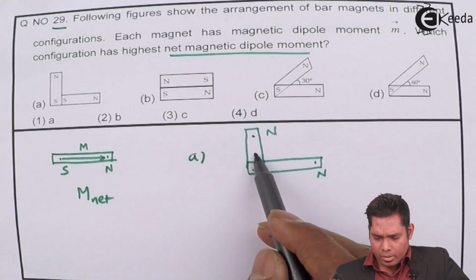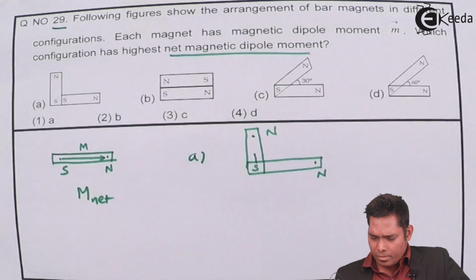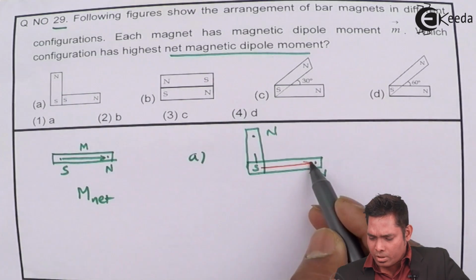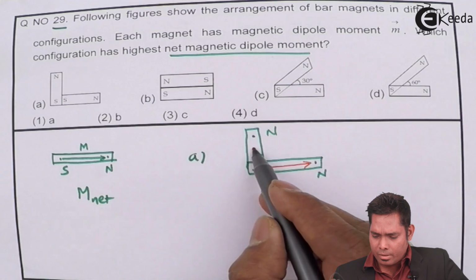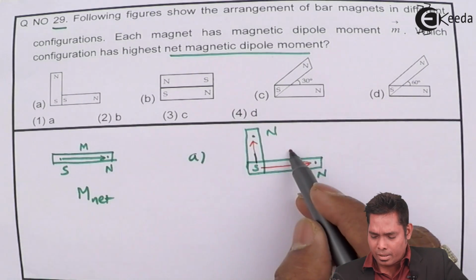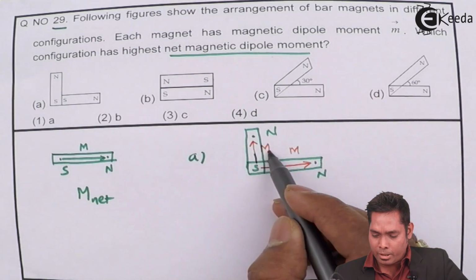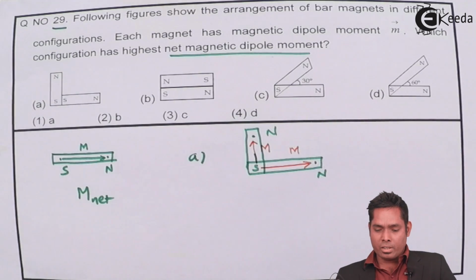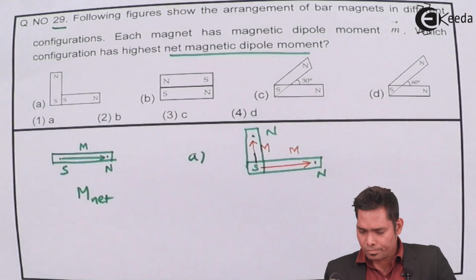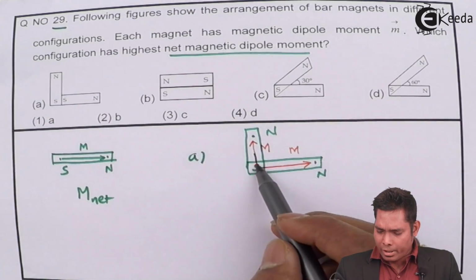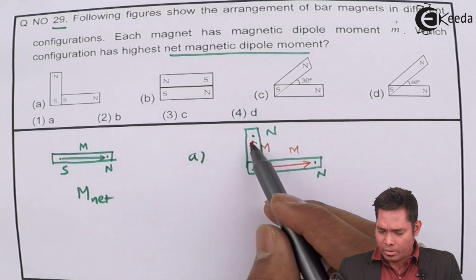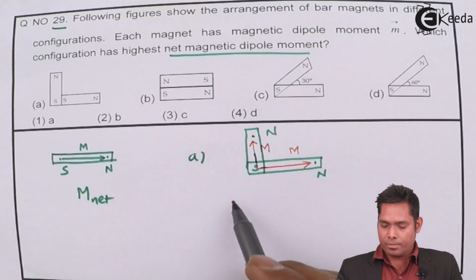The dipole moment will be from south to north, this direction for this magnet and this direction for this magnet, and each has a dipole moment M because they are identical magnets. We are actually going to find the net value of these two vectors.